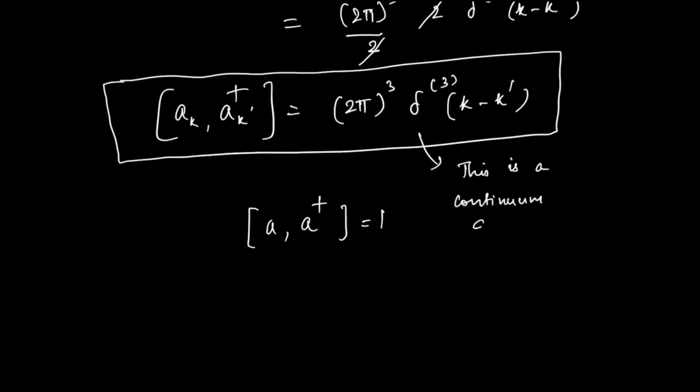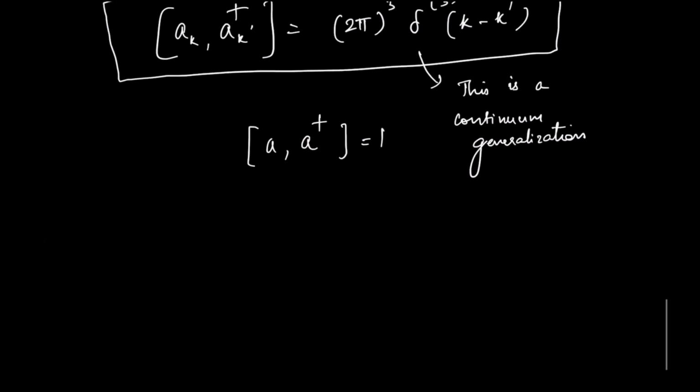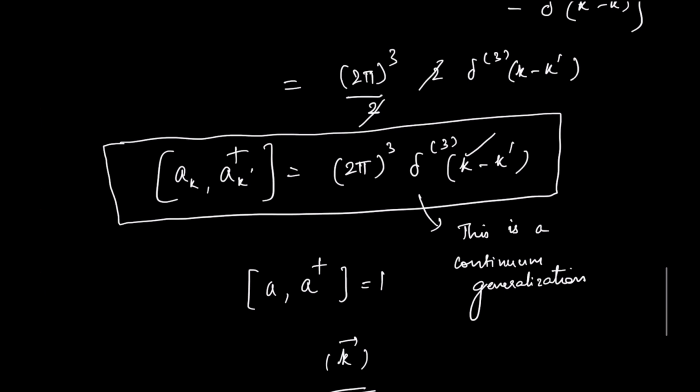There are many particles involved here, and therefore we conclude that after quantization, this theory has an infinite number of decoupled harmonic oscillators labeled by the continuous parameter k. So k is the continuous parameter here, and there are an infinite number of harmonic oscillators labeled by this parameter k, and that is being reflected here as k and k prime.